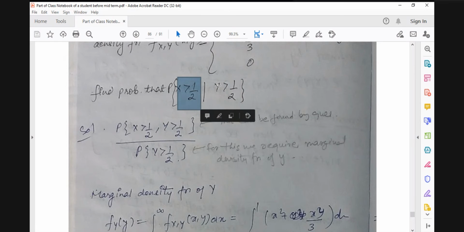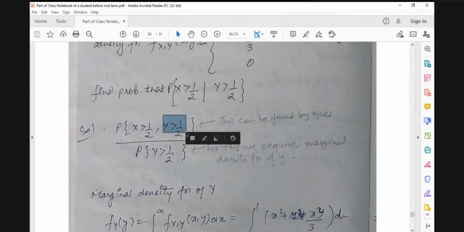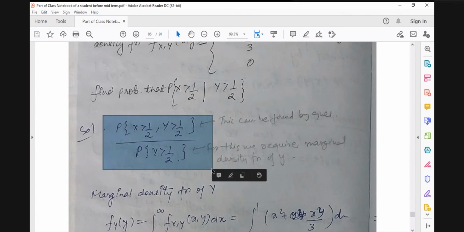So P(A given B) means probability of A intersection B divided by probability of B. And you know that this comma represents intersection for the case of two random variables. So this event intersection with this event divided by the probability of this event. So this is the way we define the conditional probability.